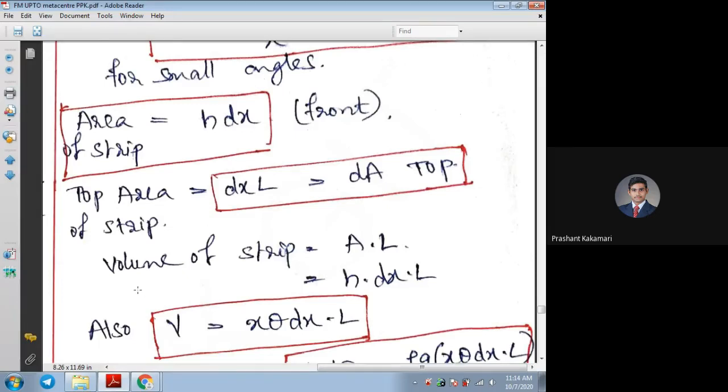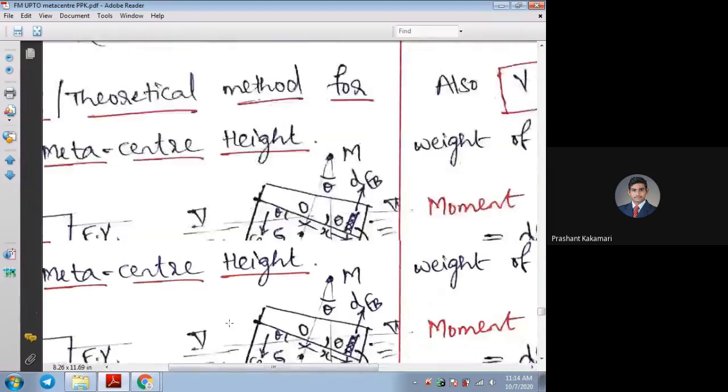Strip means that small strip with dx distance, we can write it as front area into length of the given body. So we can write it as h into dx, front area, into length of the body, that is L.